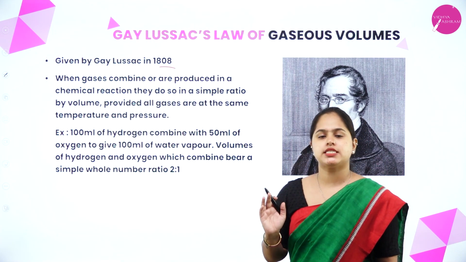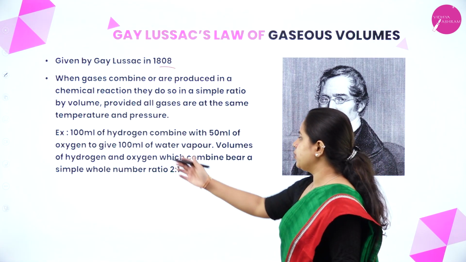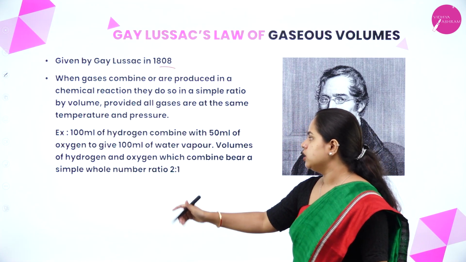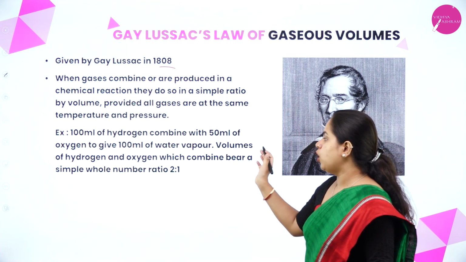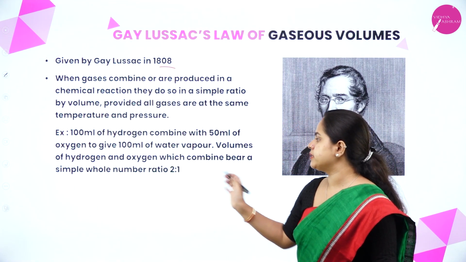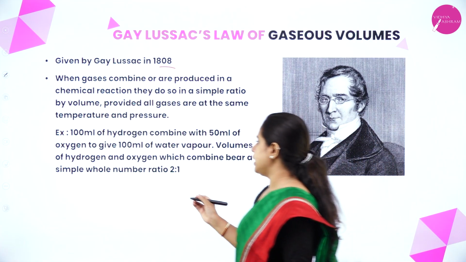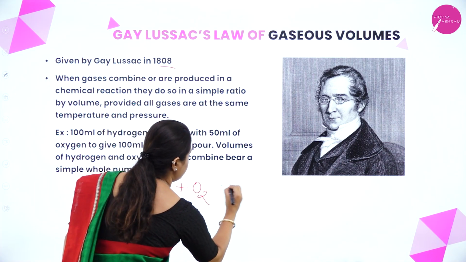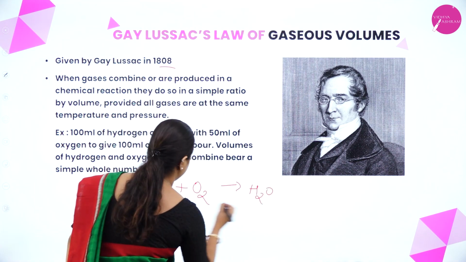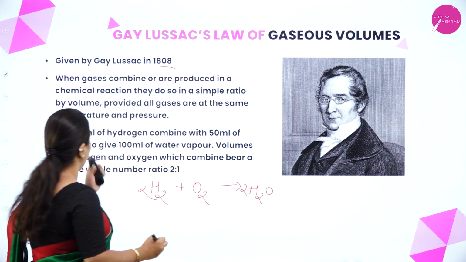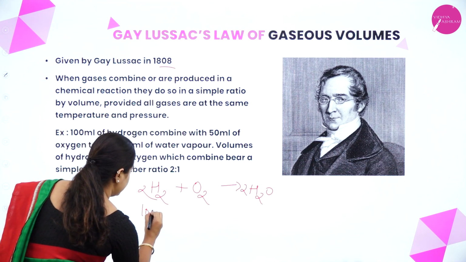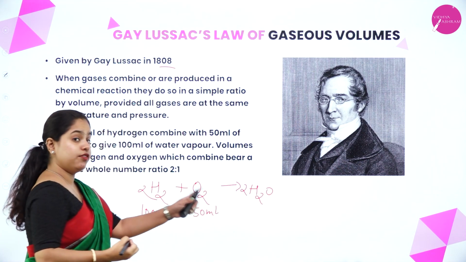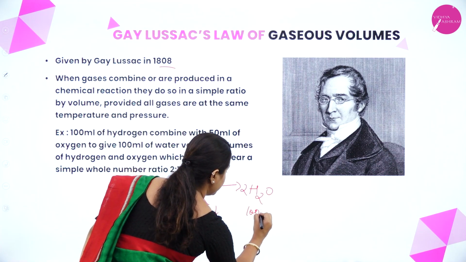Okay, so even this, let's take an example and understand this. You can see the example here. 100 ml of hydrogen combines with 50 ml of oxygen to give 100 ml of water vapor. So volumes of hydrogen and oxygen which combine bear a simple whole number ratio, that is 2:1. From the example you can see, hydrogen combines with oxygen to form water vapor, right? It is given here that 100 ml of hydrogen is combining with 50 ml of oxygen and it is giving 100 ml of water vapor.